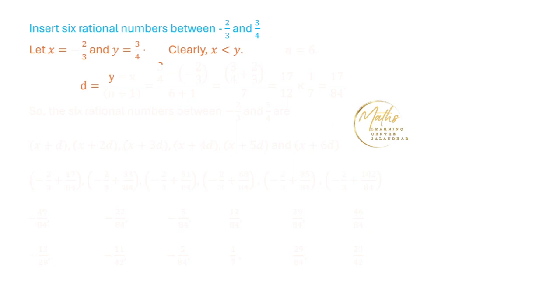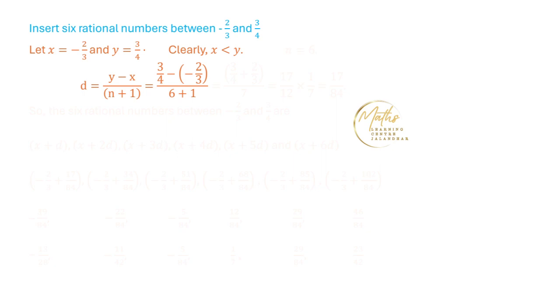The formula for d is y minus x divided by n plus 1. The value of y is 3 by 4, minus the value of x, which is minus 2 by 3. The value of n plus 1 is 6 plus 1, since n is 6, the number of rational numbers we have to insert.